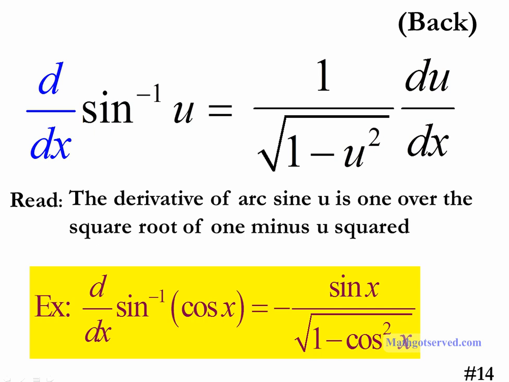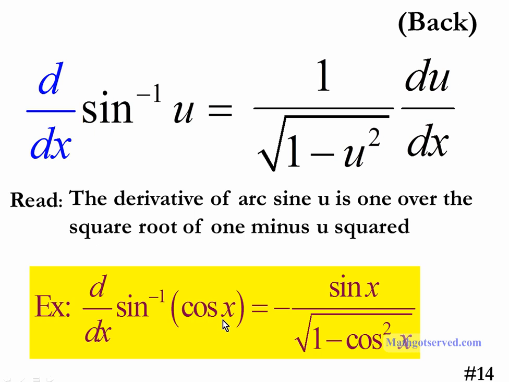The derivative of the arcsine of cosine x: in this case, u is cosine x, so we're going to have 1 over the square root of 1 minus u squared. That is 1 over the square root of 1 minus cosine squared x, since u is cosine x, times du dx, or the derivative of cosine.